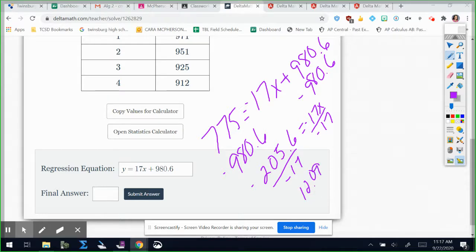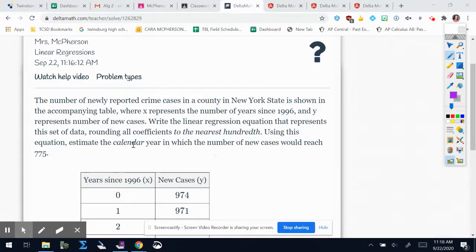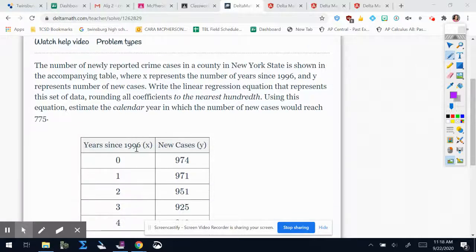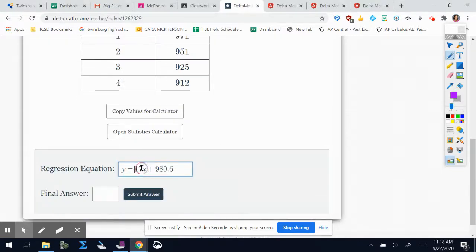I think it wanted the year, so it's been about 12 years. So if I go up here, the calendar year: we started in 1996. 12 years after 1996 would be 2008. First let me change that to a negative because I forgot the negative. And the calendar year 12 years later would be 2008.